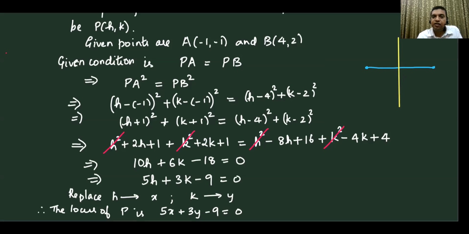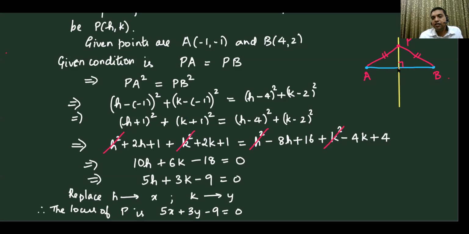Now, any point P on the perpendicular bisector will always be equidistant from the two given points, by similar triangles. You see this is a perpendicular bisector.